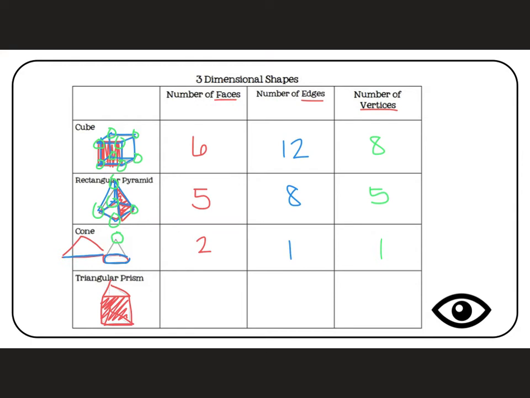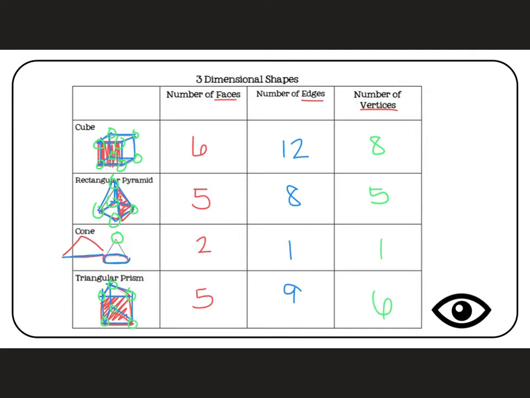So it has 3 squares around the outside, plus the top and the bottom make 5. Its edges are 1, 2, 3, 4, 5, 6, 7, 8, 9. And its vertices are 1, 2, 3, 4, 5, 6.